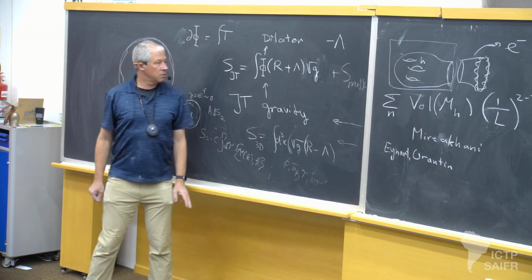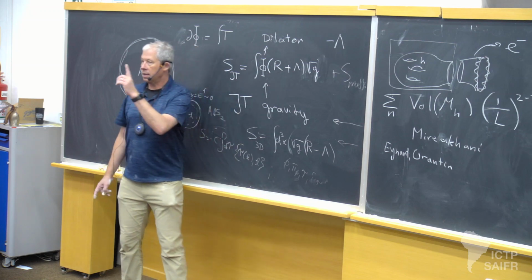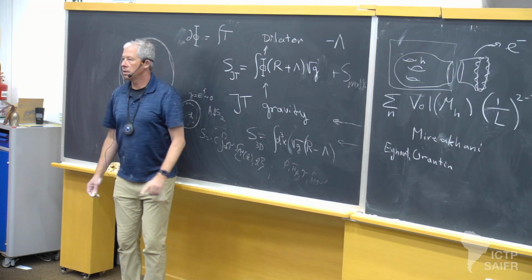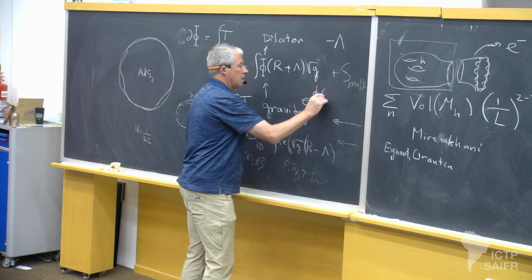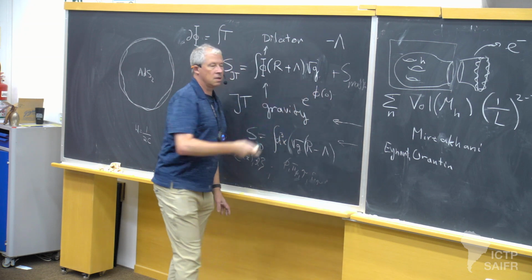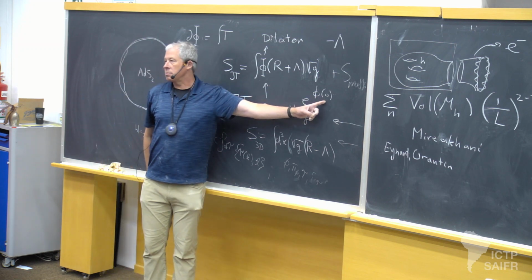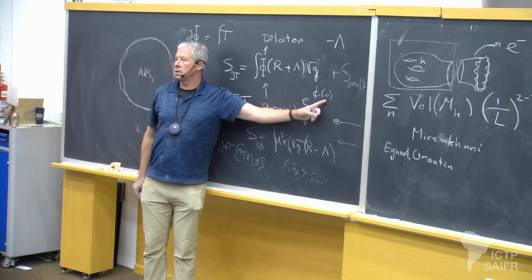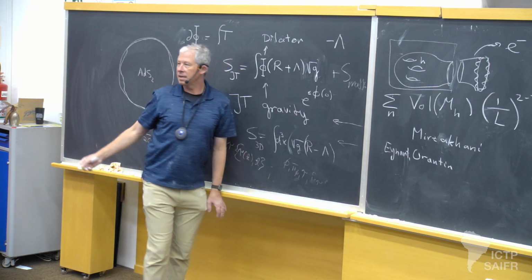Another reason I should mention is the following: if I would insert phi at some location, or let me be more precise, if I put phi at some location in the exponent here, and let's assume that this location is the horizon, and I put some epsilon in front of it.